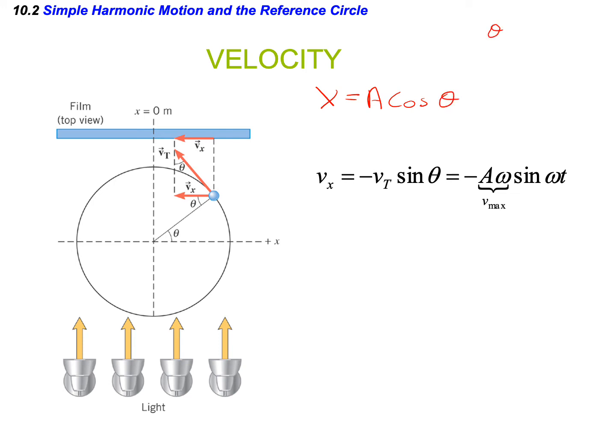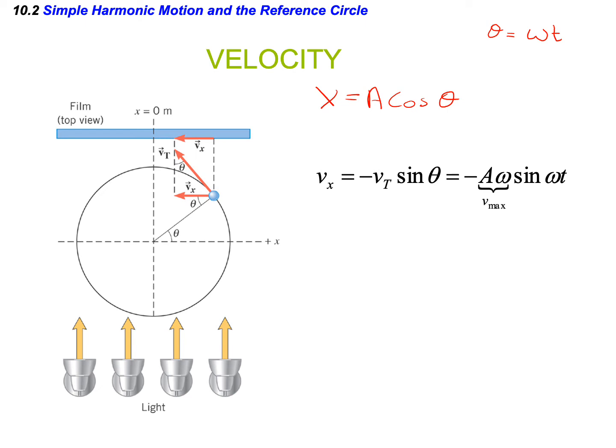The angular displacement theta is equal to omega times t.